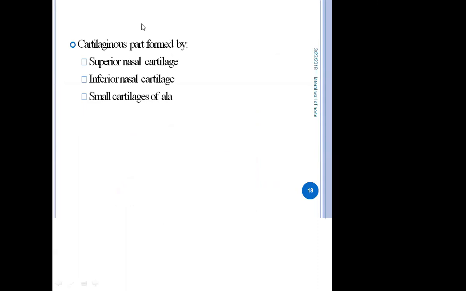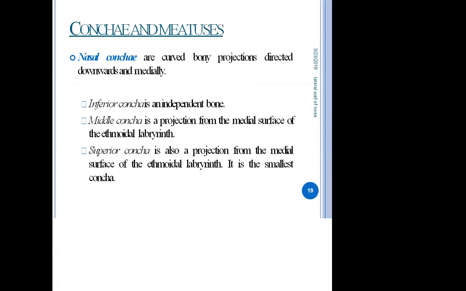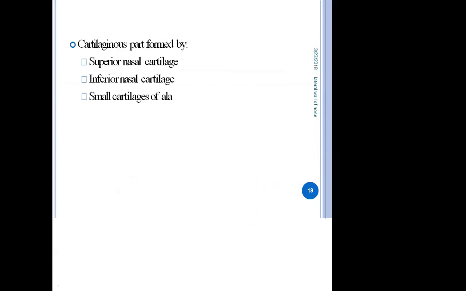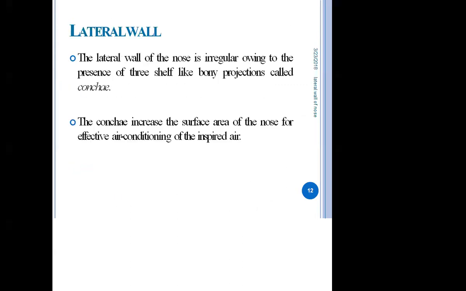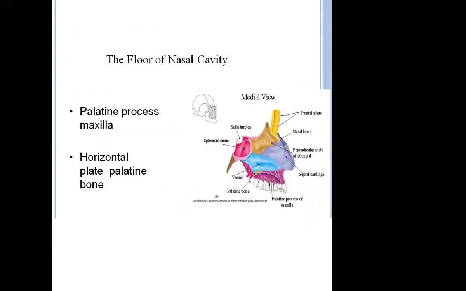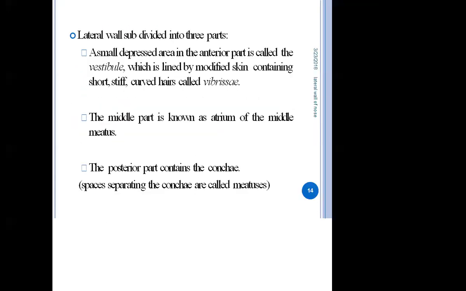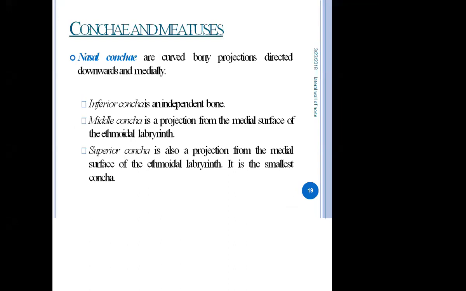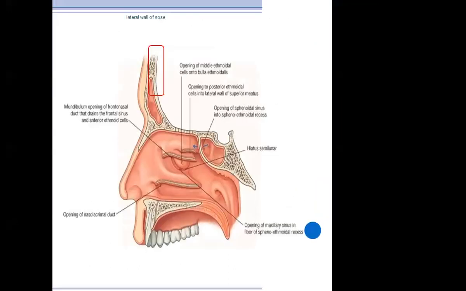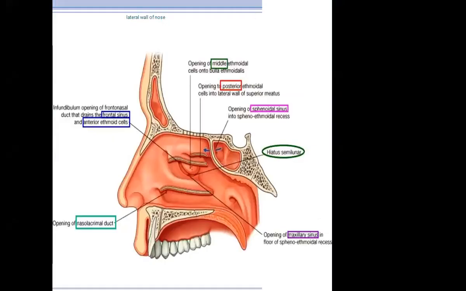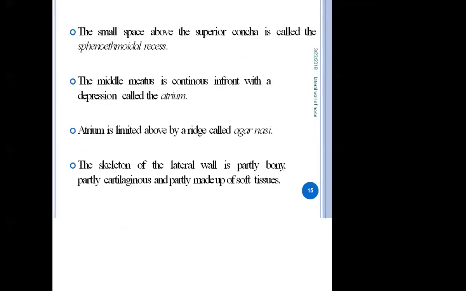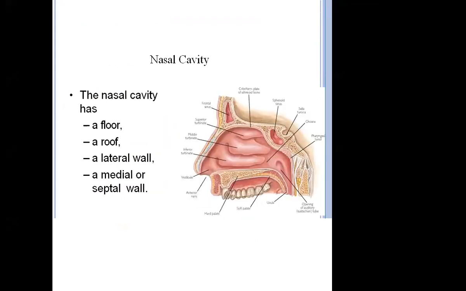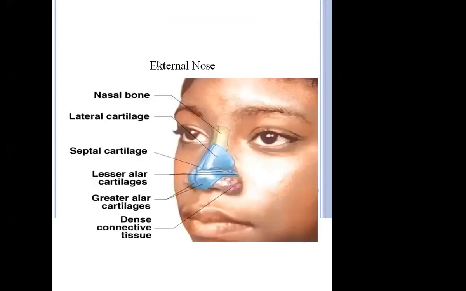Coming to the cartilaginous part, it is formed by the superior nasal cartilage, inferior nasal cartilage, and small cartilages of ala. We already discussed this.